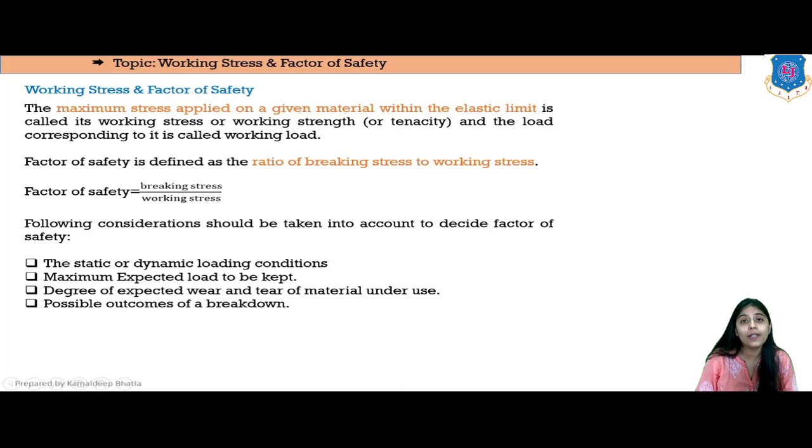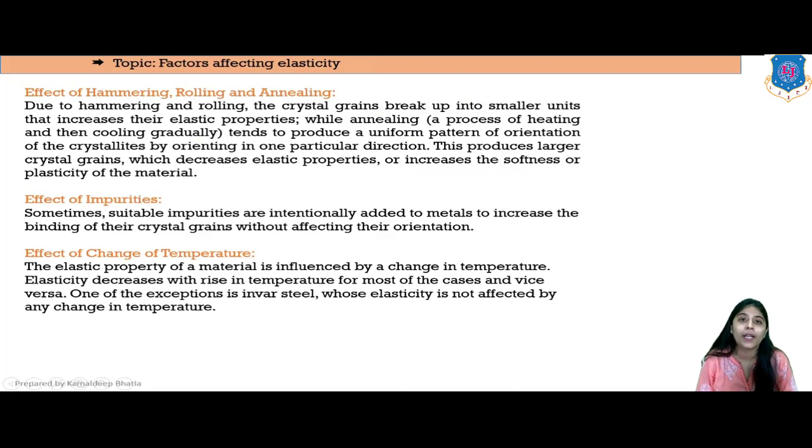Okay, so now let us discuss factors affecting elasticity. The structure of the material or metal affects elasticity greatly. It is observed in microscopic examination that metals are just an aggregation of a large number of crystals arranged in a random fashion.